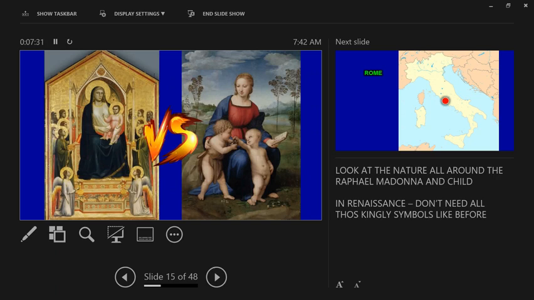We have that gold leaf as the background symbolizing the eternal, and then we have all these angels and saints to the left and the right, and it just seems so very flat and unrealistic. And then in the Renaissance, they've gotten much better at making things look realistic. They haven't perfected it yet, but it is much closer to true realism.